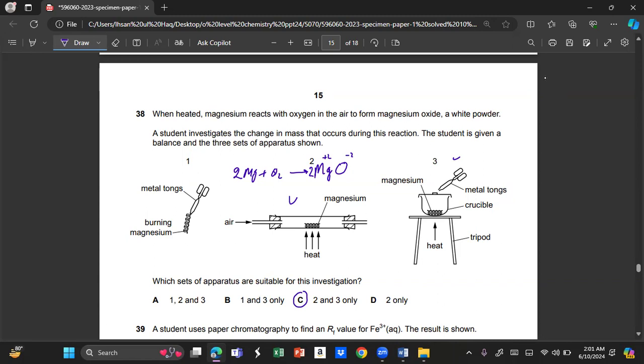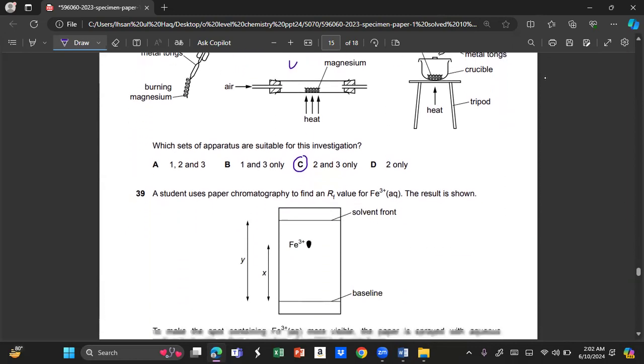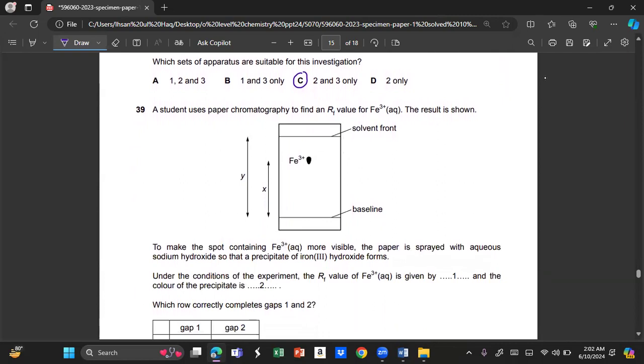At the same time, the magnesium oxide formed is in powder form. It can go into the atmosphere, or it can fall. So that is why we have a lid to prevent the magnesium oxide from escaping. So option C is correct. Question number 39.